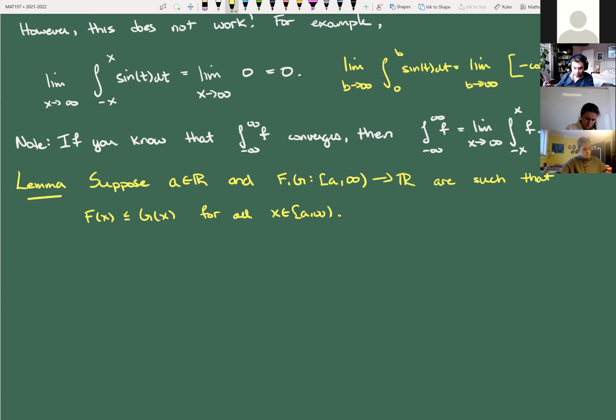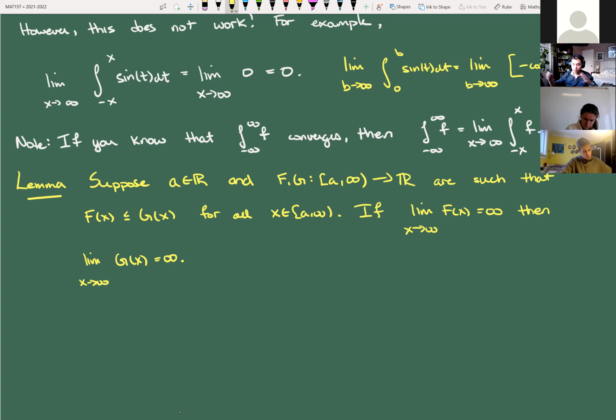Okay, so the result I want here then is if the limit as x goes to infinity of f of x equals infinity, then the limit of g of x as x goes to infinity equals infinity, okay? So here's our lemma.